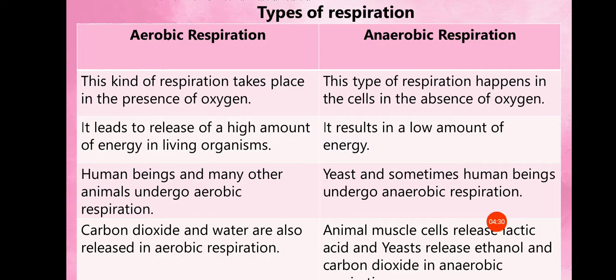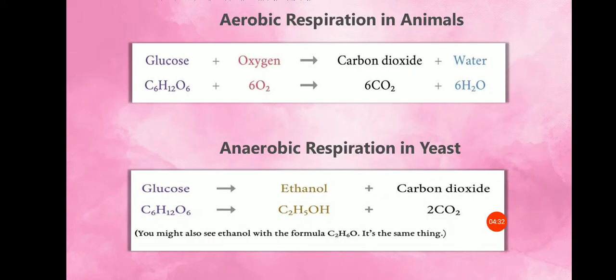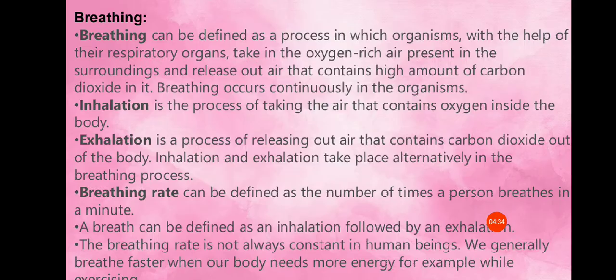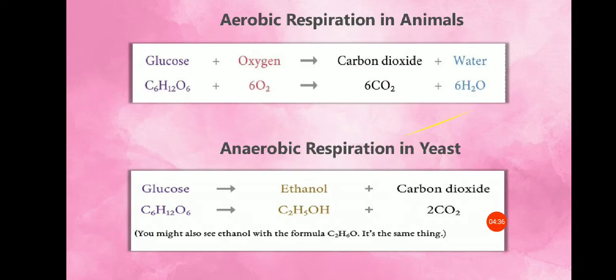So all of you understood? Sure, good. Now let's try to understand with the chemical equation. See, glucose plus oxygen. So what's released? Carbon dioxide plus water. Glucose. So what we get? Ethanol, means alcohol, plus carbon dioxide.